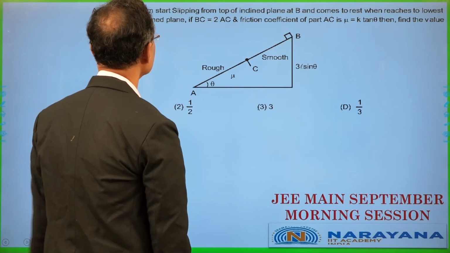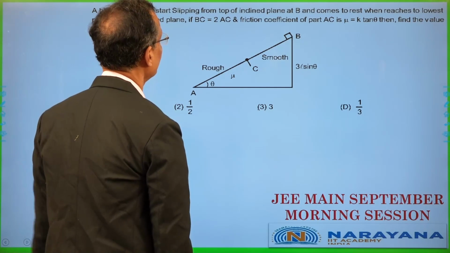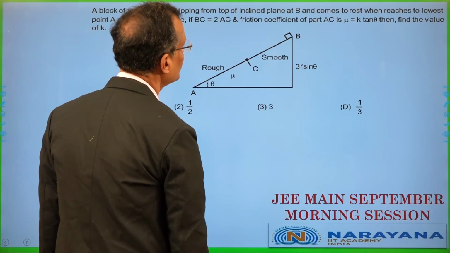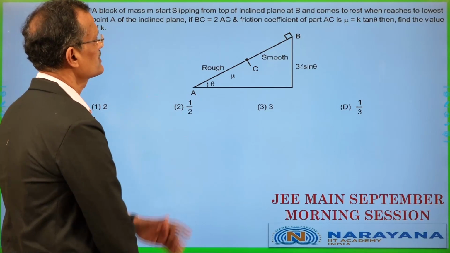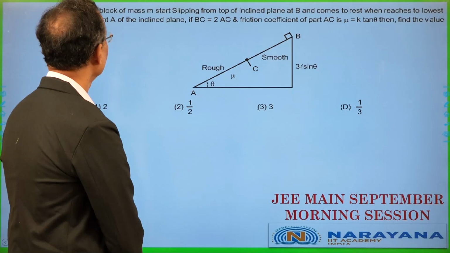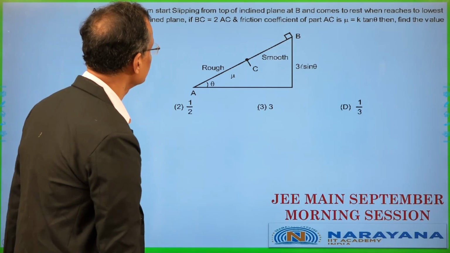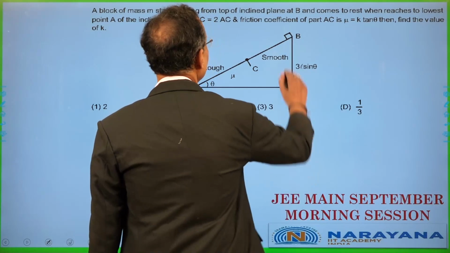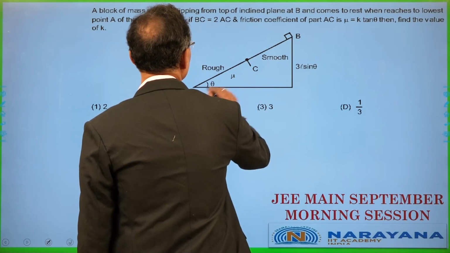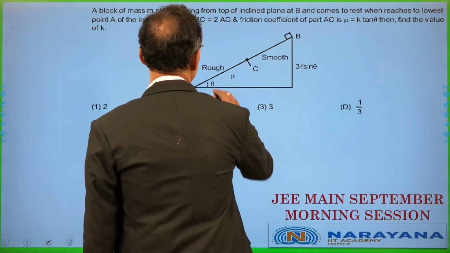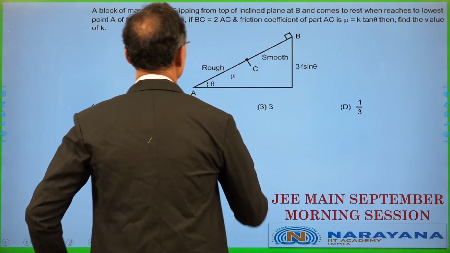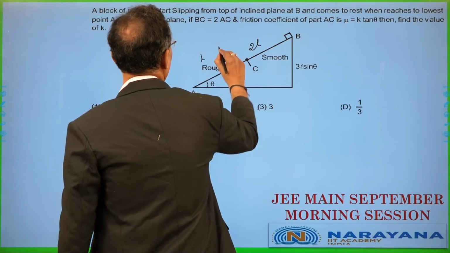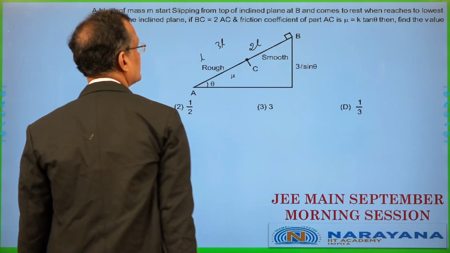A block of mass m starts slipping from the top of an inclined plane at B and comes to rest at the bottom. If BC is 2AC, the figure is just in the middle, they have given BC is 2AC. So if I take AC as L, this will be 2L, and the total length will be 3L.